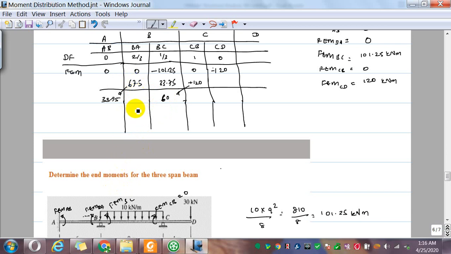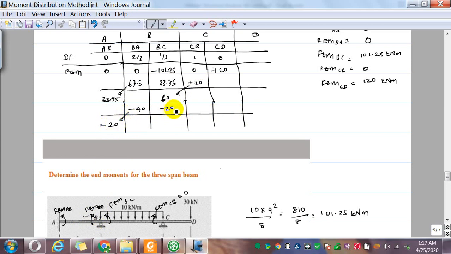So 2/3 of 60 is 40. So minus 40 here, minus 20 here. Now this is balanced. In this column it's minus 40, in this column it is plus 40. So it is balanced. Here there is no other moment, so everything is balanced. Now this minus 40 at BA will have a carryover of minus 20.